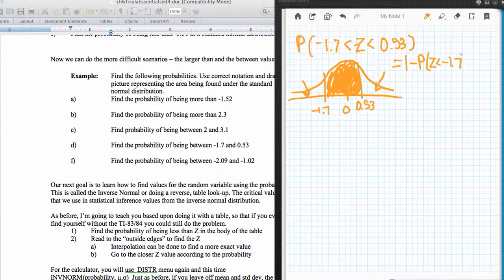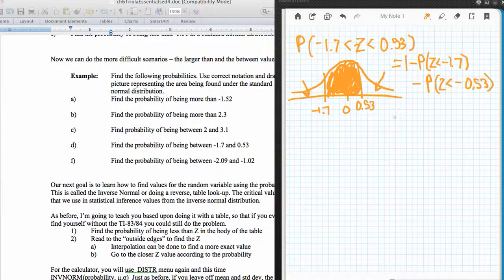And then remembering, of course, that this area over here in this tail would be comparable to being less than a negative 0.53, right? The area this way. So minus the probability of a z being less than a negative 0.53, like that.